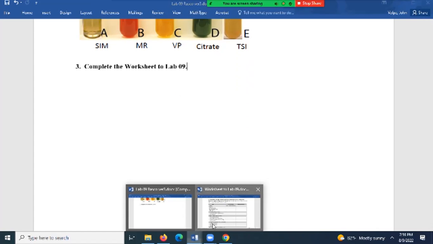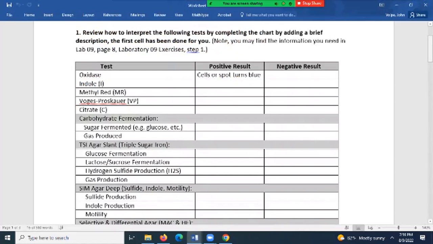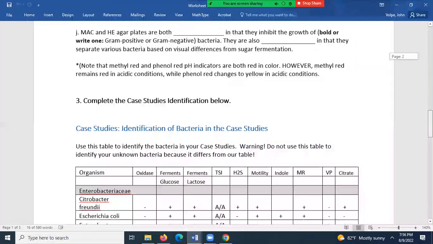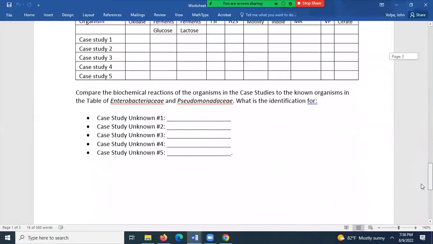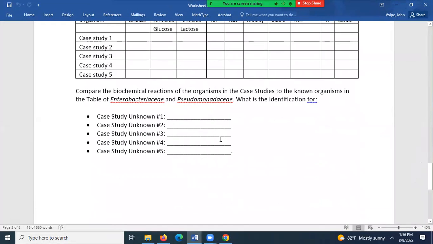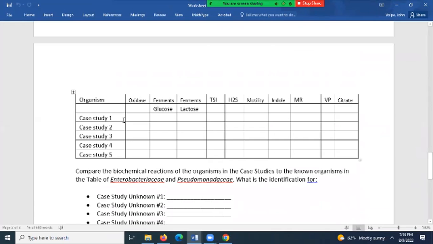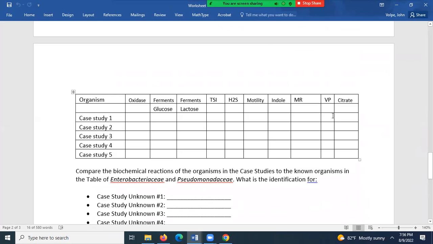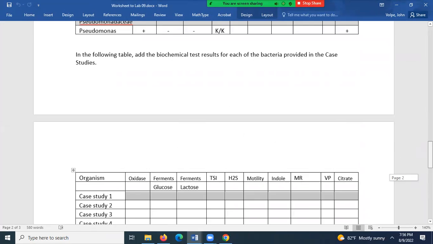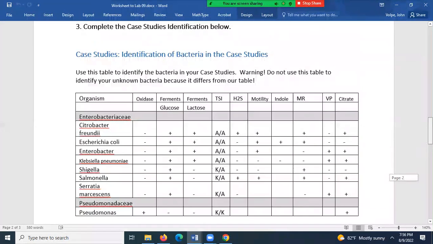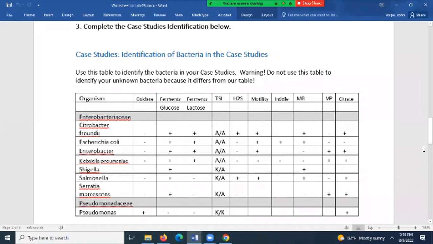Let's go to the worksheet. Then identify the species here. This is for recording the information for the different tests. Record the information for case study 1 here. And then here's the key, the table you're going to use for the key.